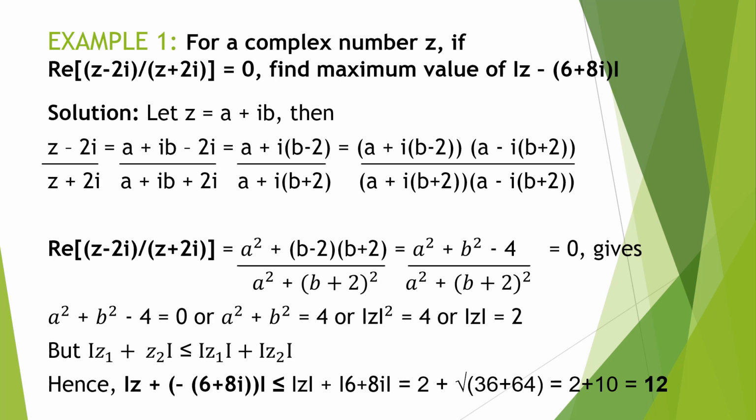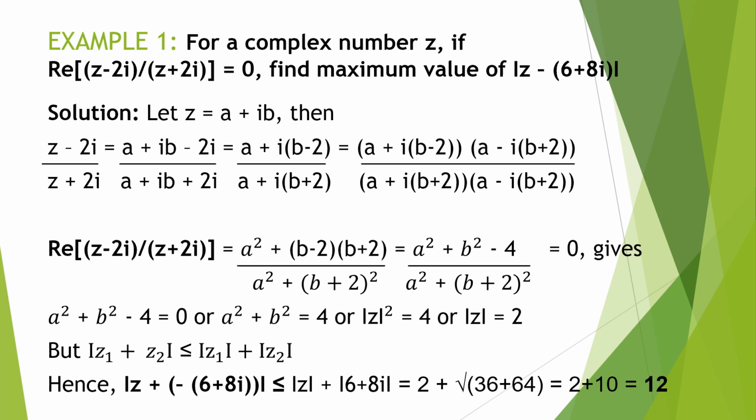But mod of (z1 plus z2) is less than or equal to mod z1 plus mod z2. Remember, this is the triangle inequality which we often use in examples of this type. So now consider z1 as z and z2 as 6 plus 8i. What do we want? We want mod of z minus 6 plus 8i.